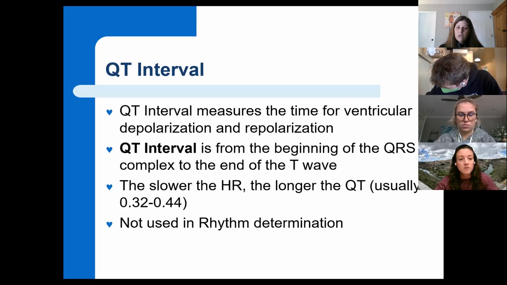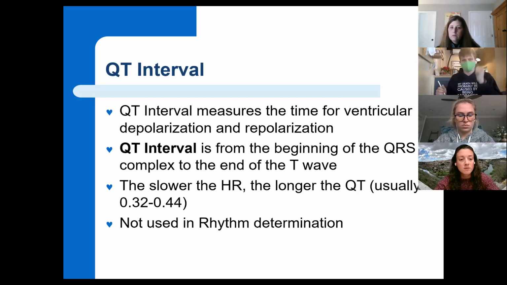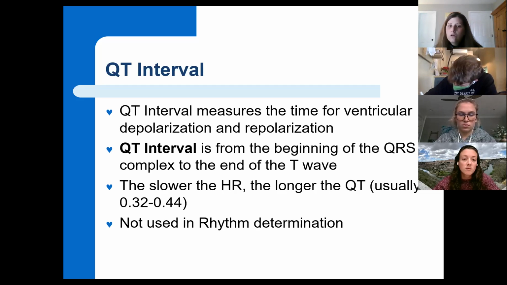So the QT interval is from the beginning of the QRS complex to the end of the T wave. Now, the slower your heart rate, the longer the QT wave is usually. And there's an approximation of what it might look like. We do not use this for rhythm determination.